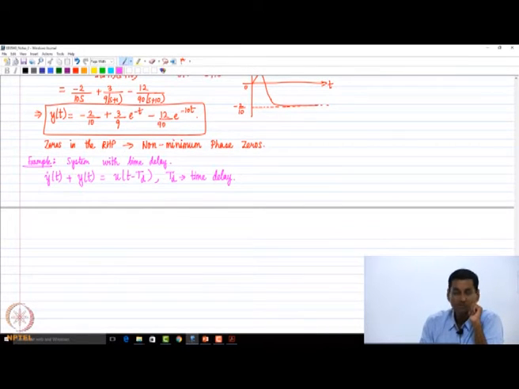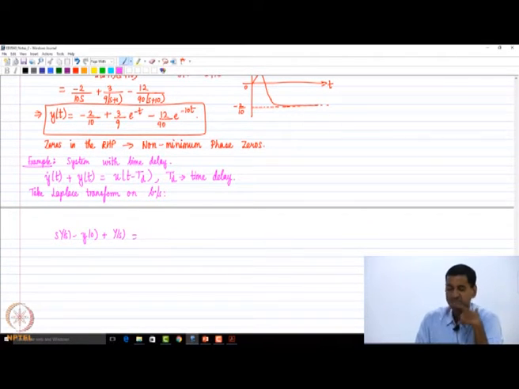Let's say now I want to find the transfer function. You take Laplace transform on both sides. What would happen? You will get s times y of s minus y0 plus y of s.